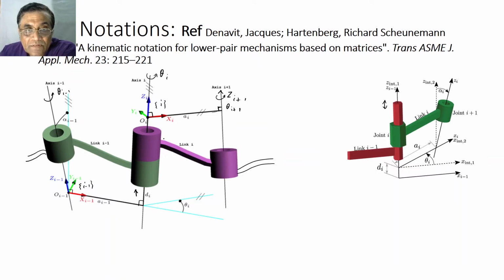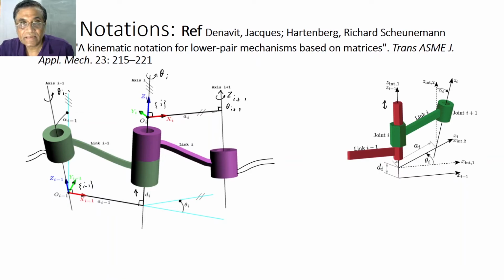The distance between two successive common normals is denoted as di, and the length of the axis, which is actually the common normal, is denoted by ai.